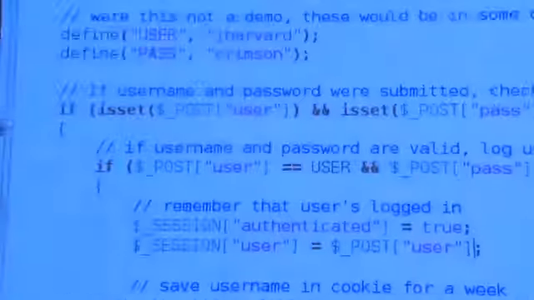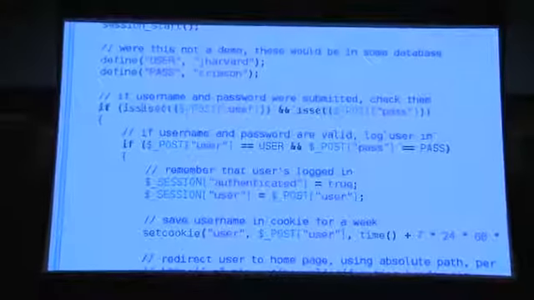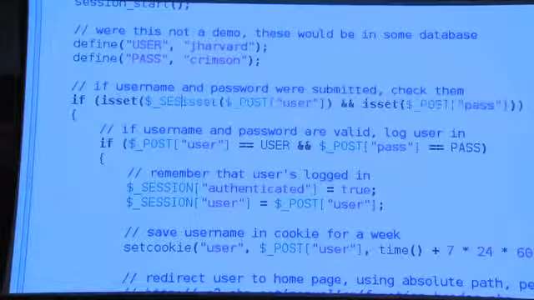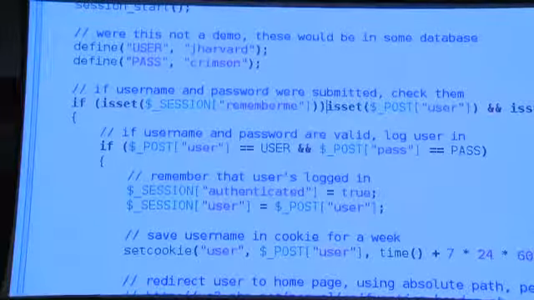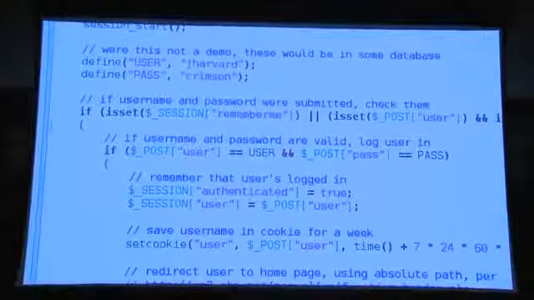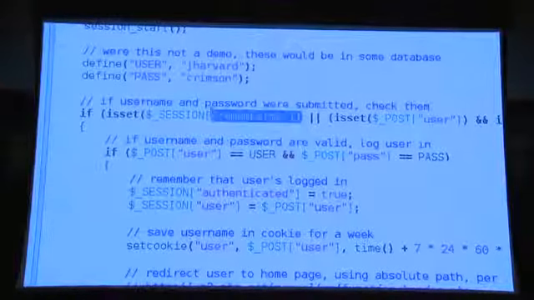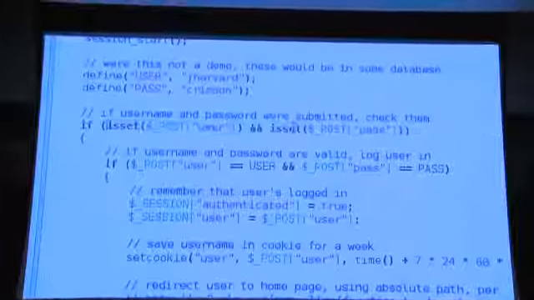Let me open up my text file. And let me go back into login 3. So recall that we keep checking this: if user and pass are set. What Facebook probably does is, if isset session remember me or something like that, or the form was submitted. Sorry, I put this in the wrong place.